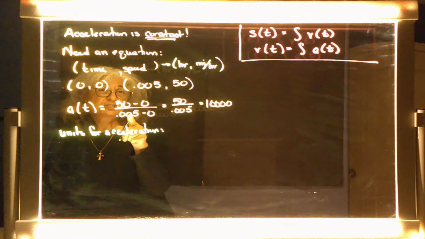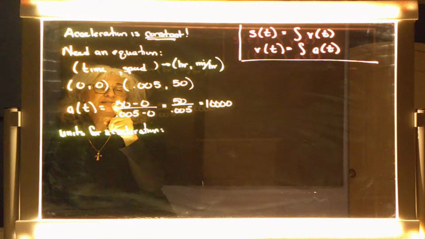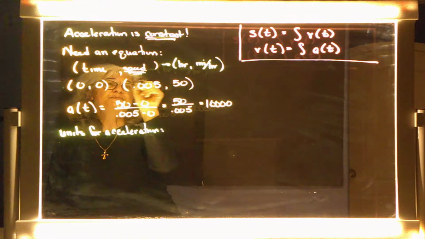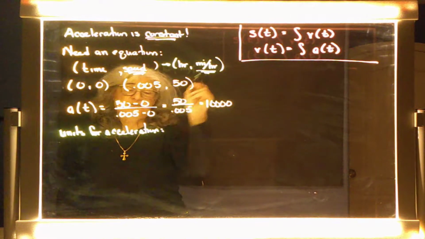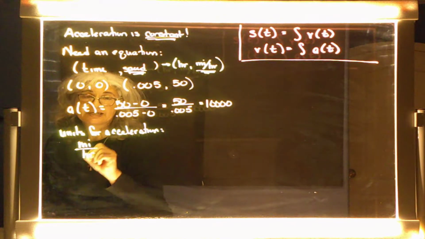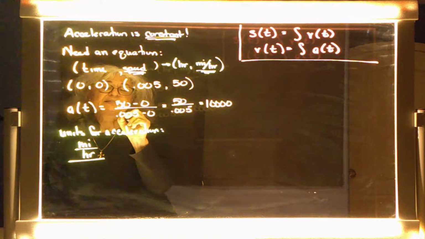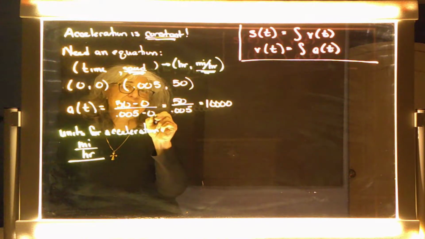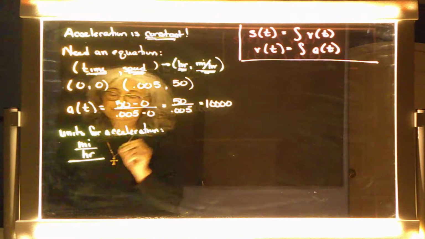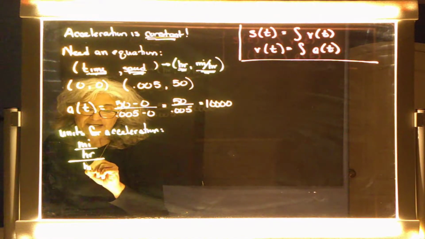In the formula we just did, we had the 50 minus 0 on the top, which represented speed, which was in miles per hour. So I've got miles per hour over, now the 0.005 minus 0 represented the time, and the time was in hours. So divided by hours.